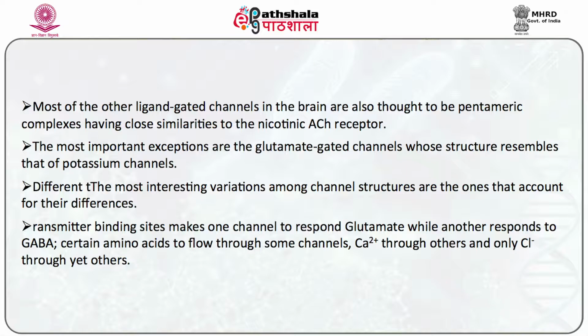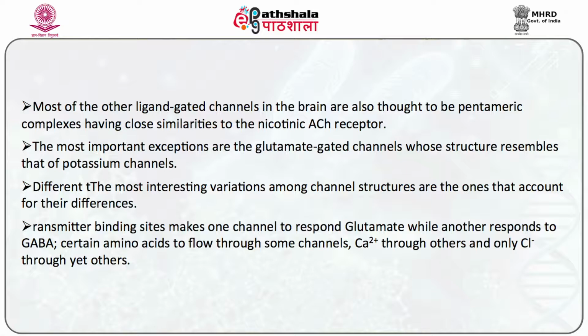The most important exceptions are the glutamate-gated channels, whose structure resembles that of potassium channels, and this led to the hypothesis that both glutamate receptors and potassium channels evolved from a common ancestral ion channel.